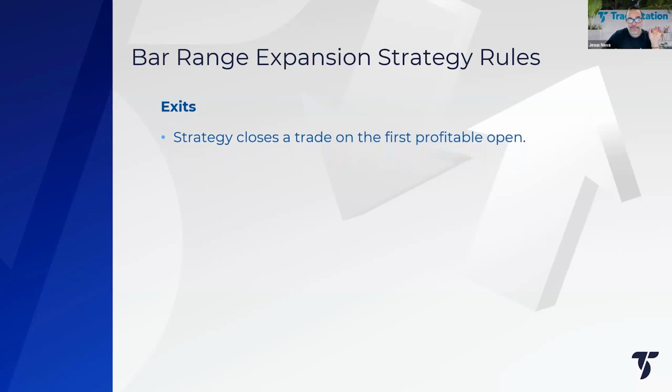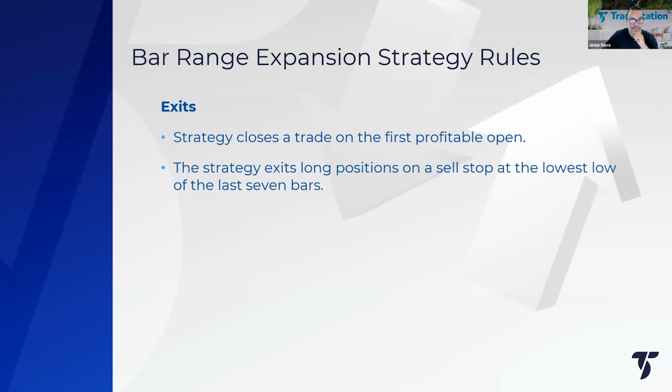The strategy closes the trade on the first profitable open. We talked about if it finds an open and there's profit, it'll just take that trade. It exits long positions on a sell stop at the lowest low of the last 7 bars. This is like the trailing functionality that we talked about.